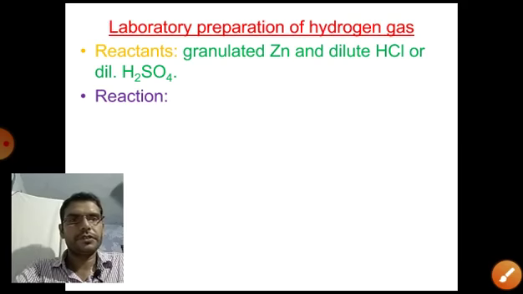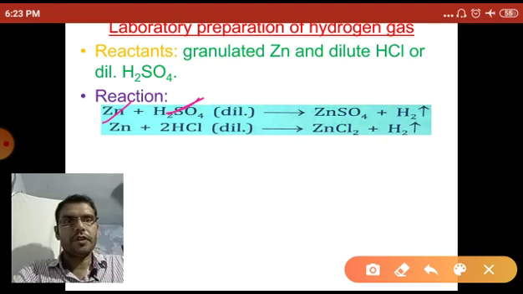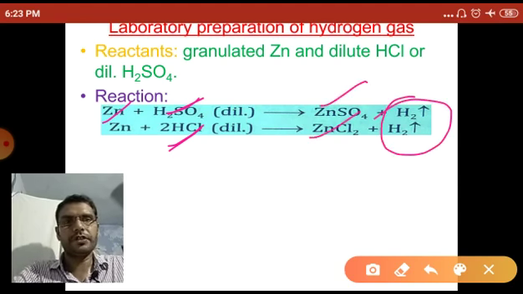Let's see the reaction that happens between the dilute hydrochloric acid or dilute sulfuric acid with the zinc. Zinc reacts with the dilute sulfuric acid or dilute hydrochloric acid and they form the hydrogen gas, zinc sulfate and zinc chloride.